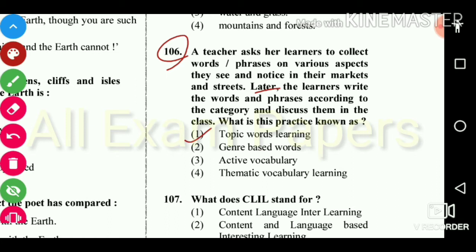First option is topic words learning. Second is genre based words. Third is active vocabulary. Fourth is thematic vocabulary learning. The correct answer is option number 3, active vocabulary.